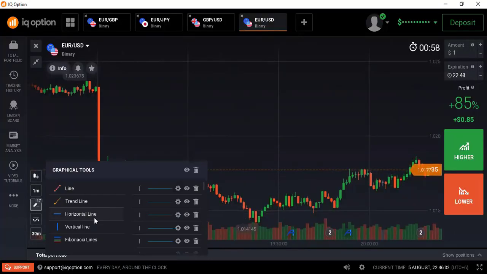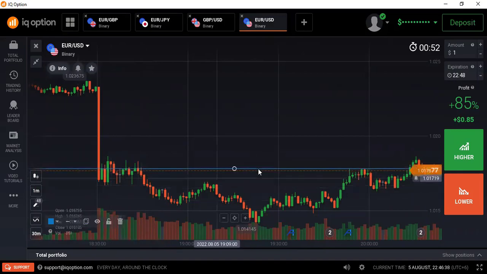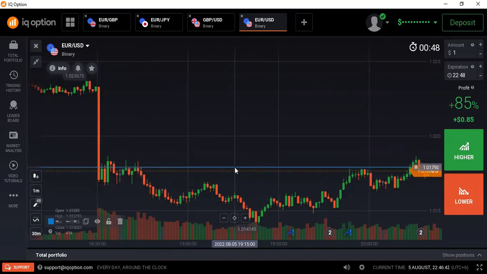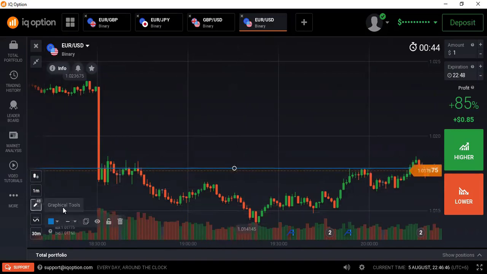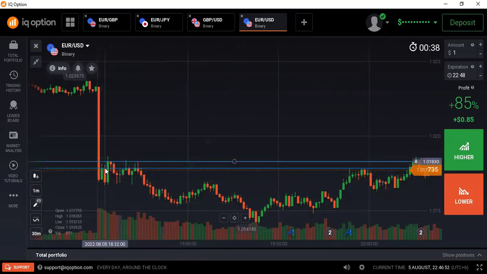Try to understand here. If I draw a level from here to here, there are so many reversals here.